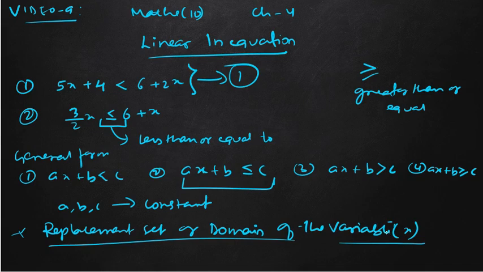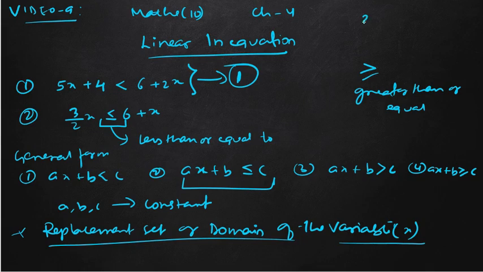So what is replacement set or the domain of the variable? It is the set from which the values of the variable x are replaced in equations, or the set from which we will put the value of x. That is called our replacement set. After solving this inequality, we will find some values of x.